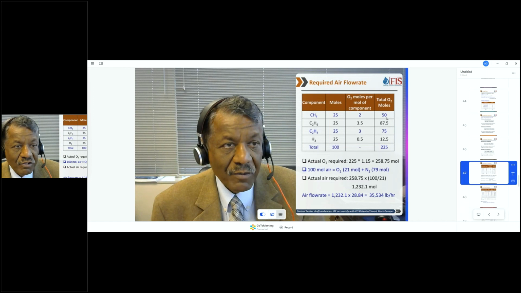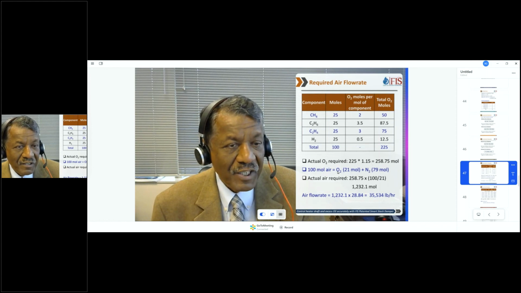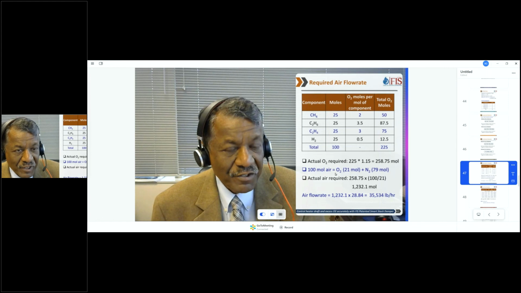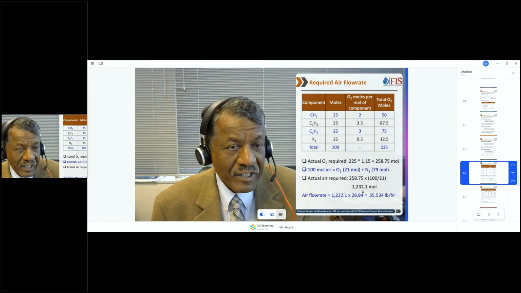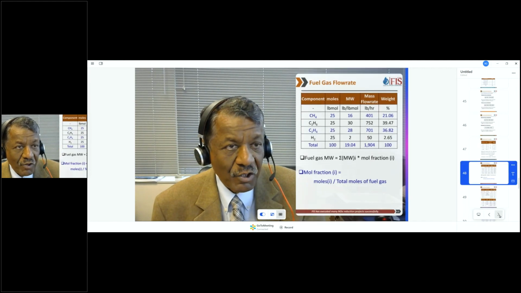How many moles of air or oxygen is needed, and then we come up with this number and do these chemistry calculations, stoichiometric calculations. We calculate the air required, and then we calculate the excess, what percent excess is needed. So we come up with the heating value first.